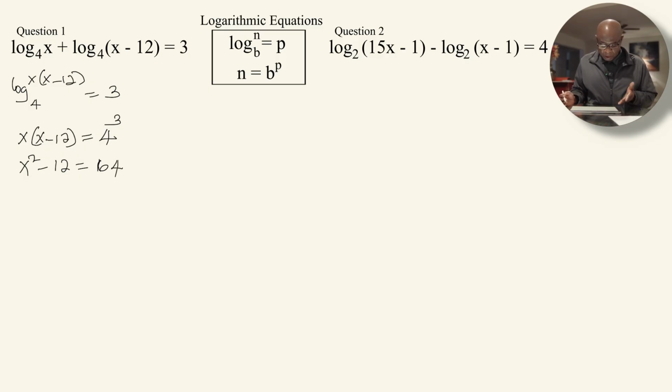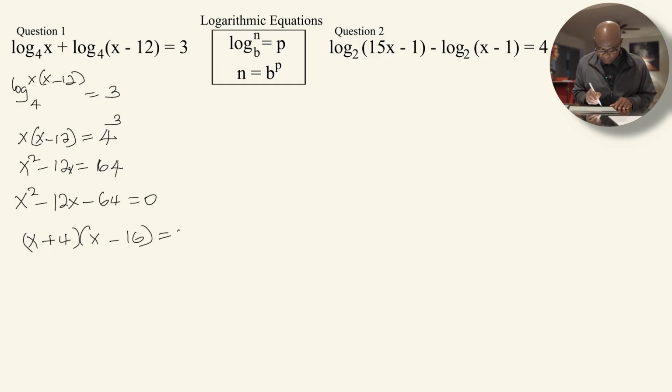This is a simple algebraic equation. So we have x squared minus 12x minus 64 is equal to 0. This is a simple quadratic equation. If we factor this, it's going to give us x plus 4 times x minus 16 is equal to 0.